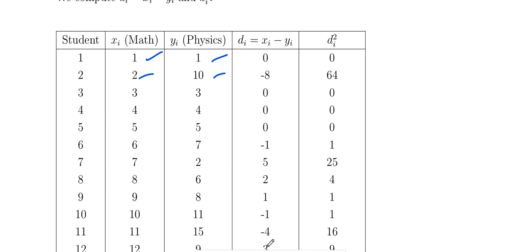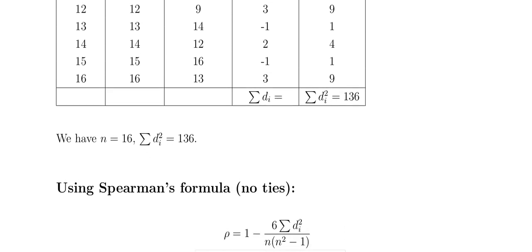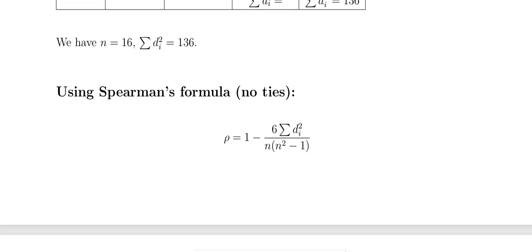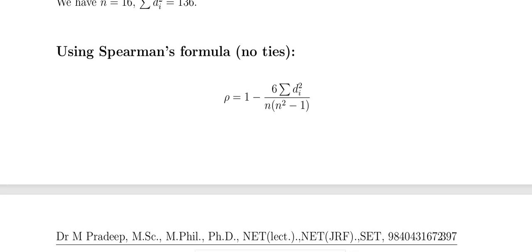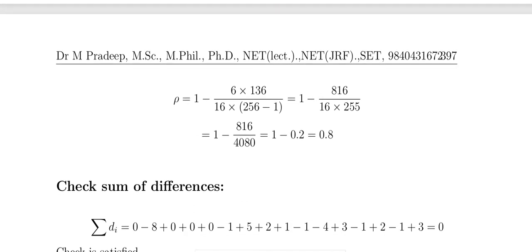So summation di square, with n equal to 16. This is the formula for the rank correlation: 1 minus 6 into summation di square divided by n into n square minus 1. When you apply this, we get the result.